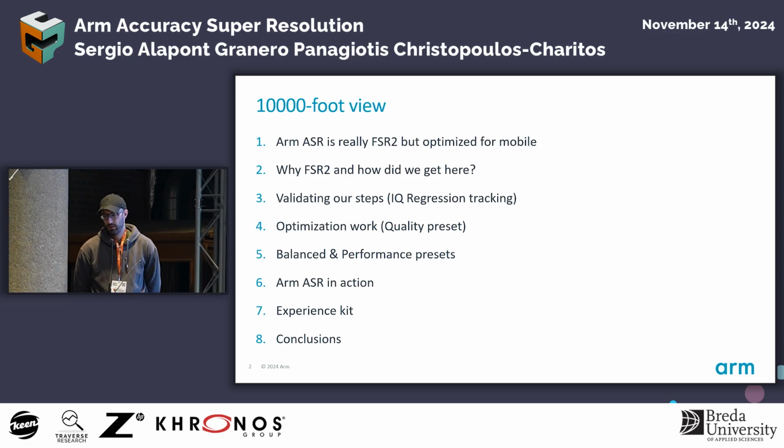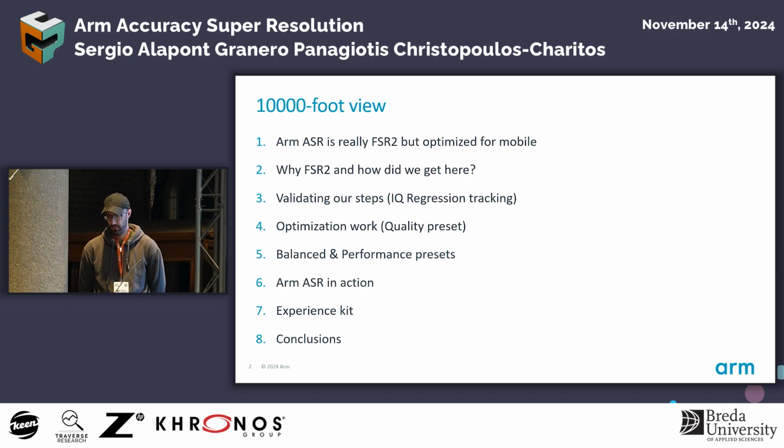In today's talk, we'll cover the following topics, but first we need to address something really important. In reality, Arm accuracy super resolution is FSR2, but optimized for mobile. What is FSR2 and why FSR2 is something that we will be discussing today.